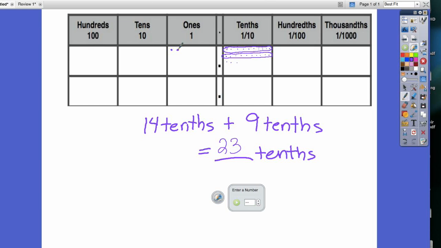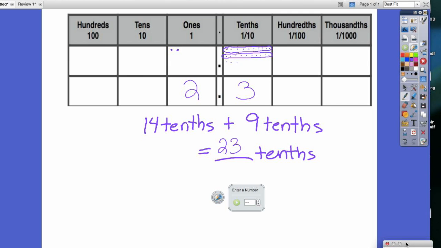And now I have, how many ones do I have? Two. How many dots do I have left over? 3 dots left over. So my real answer could also be 2 and 3/10. Right?